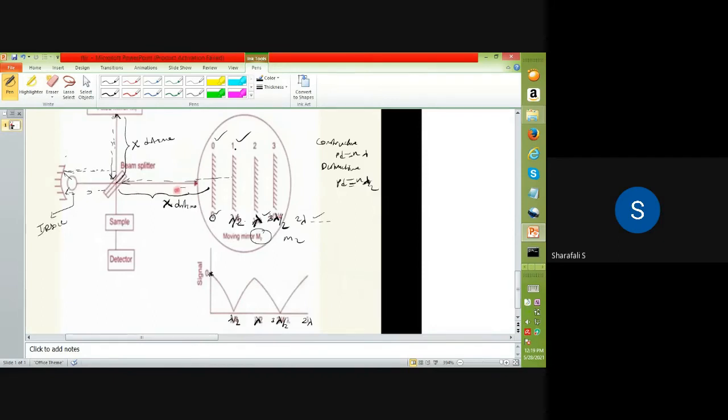When the path difference is lambda by 2, the interference will be destructive, and we'll get a minimum intensity.